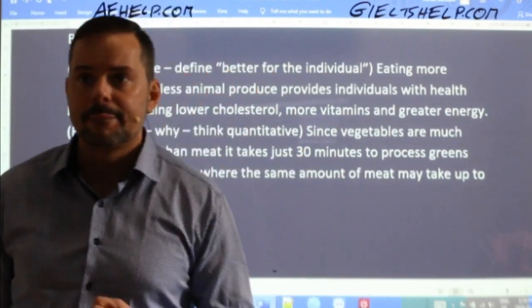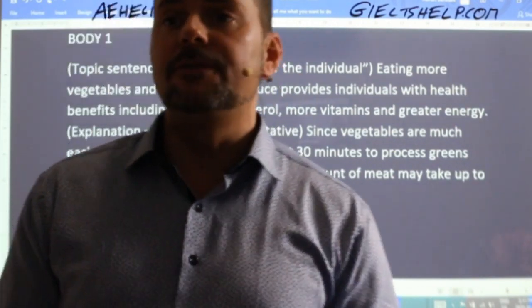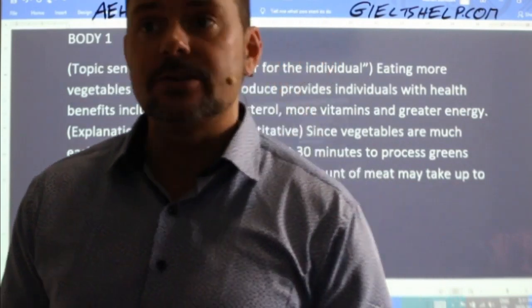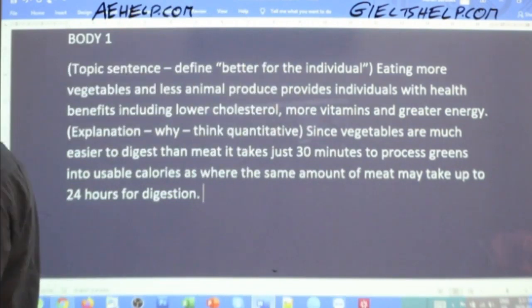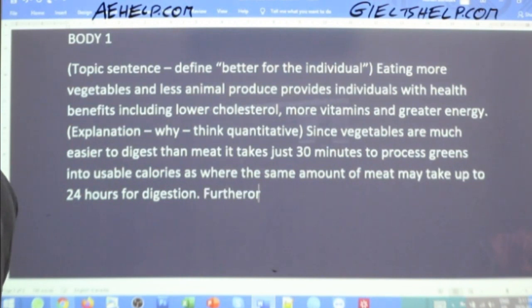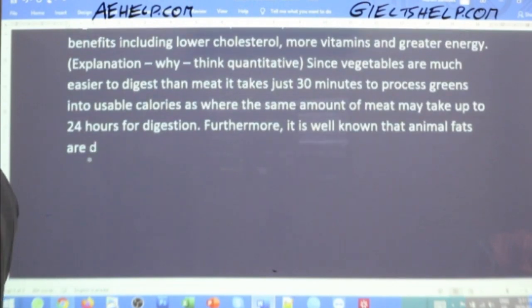Okay? Awaz says, vegetables are lighter compared to animal meat. They contain fewer calories and fats, which help people to stay healthier. Yeah, so we can keep going here as well. It is well known, furthermore, it is well known that animal fats are deposited. Now, of course, this is actually arguable because it's not quite true, but it doesn't matter for the IELTS, okay?